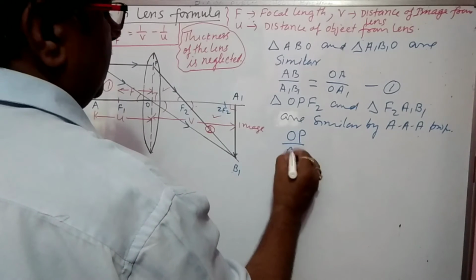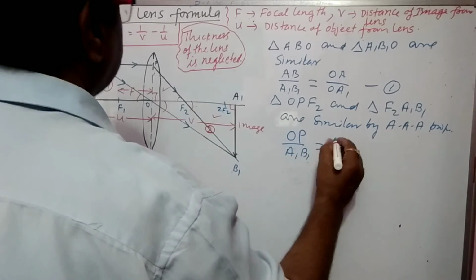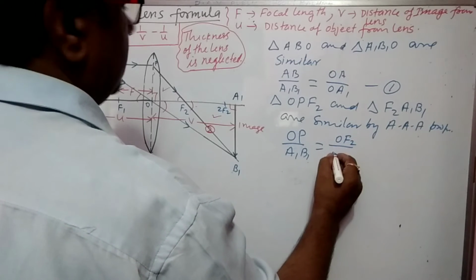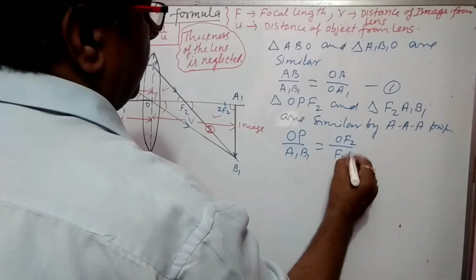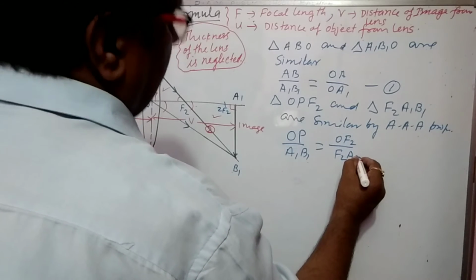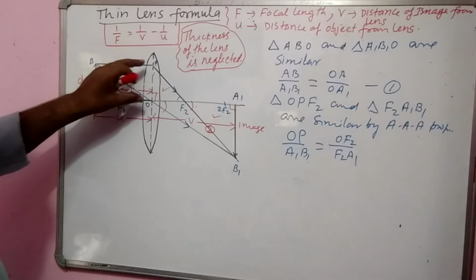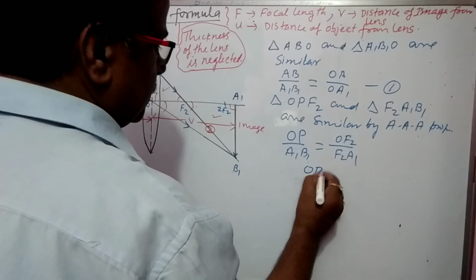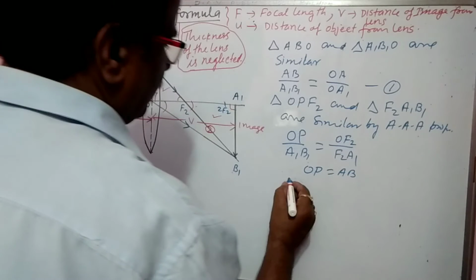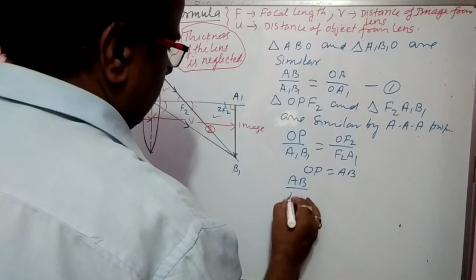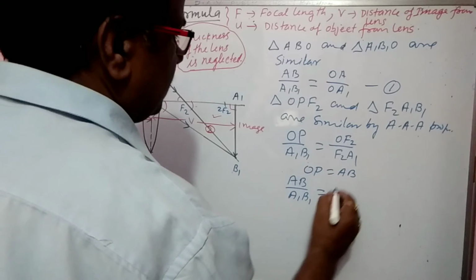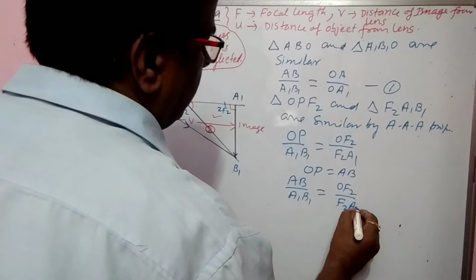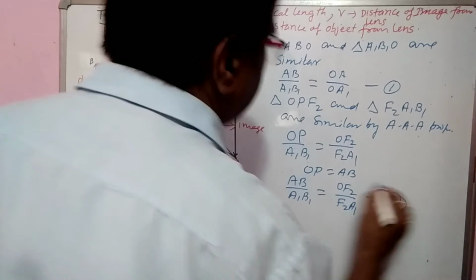So OP by A1B1 is equal to OF2 by F2A1. But we can see here OP is equal to AB. So we can write AB by A1B1 is equal to OF2 by F2A1. This is equation number 2.